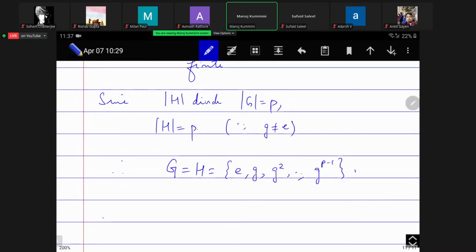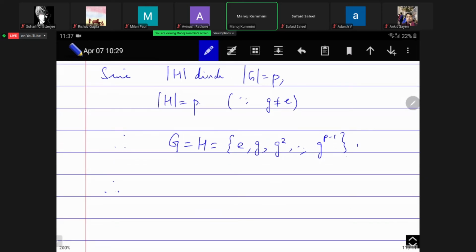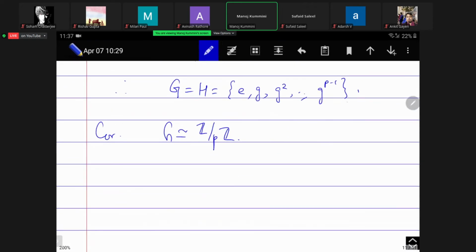Cyclic groups are abelian, and we can have a map. So corollary: G is isomorphic to Z mod P Z, with the same notation as above. The same idea that we used earlier. Proof of the corollary: fix an element.